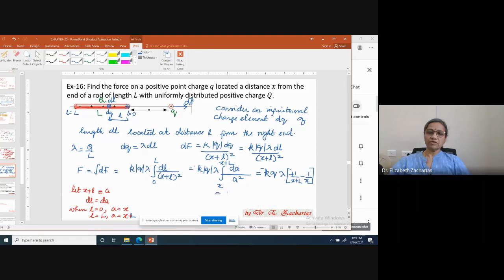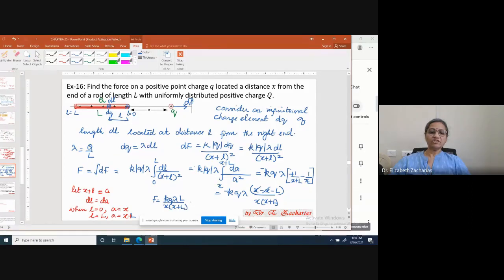Then that becomes minus k q lambda, and then I have x into x plus L, and then here I will have x minus x minus L. This minus and minus will become plus. Therefore, I will finally get my force to be k q lambda L divided by x into x plus L.